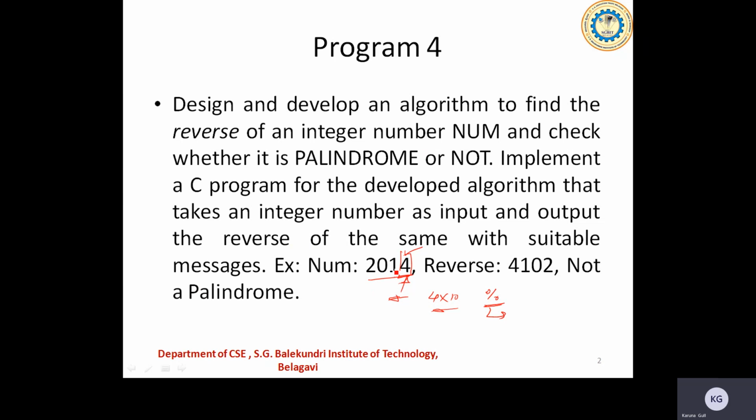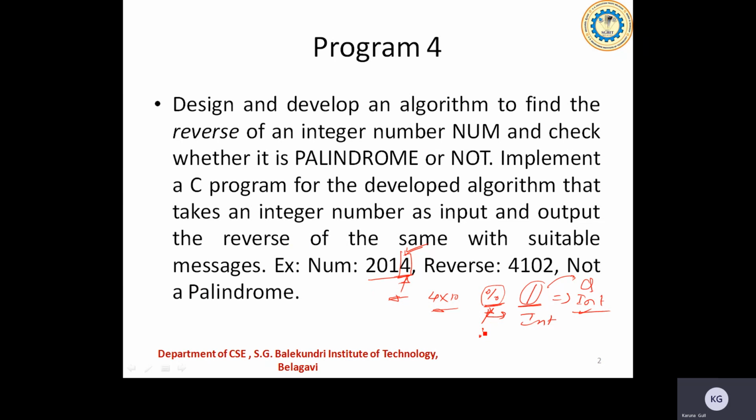So the remainder means I'll be picking the units place digit there, and dividing the given number, I'll go ahead with integer division so that I can get a pure integer quotient. This helps me get the quotient which is of integer type, and the modulus operation is always done on integer values itself.